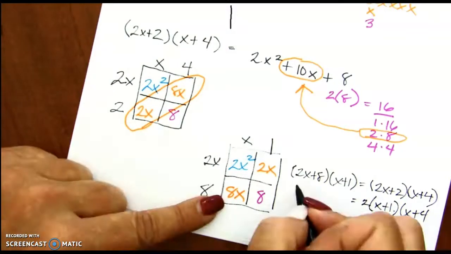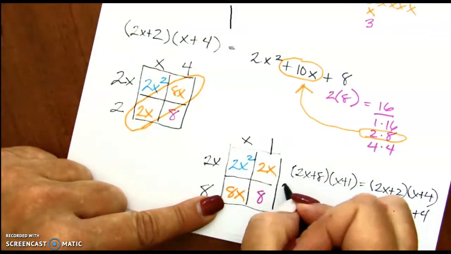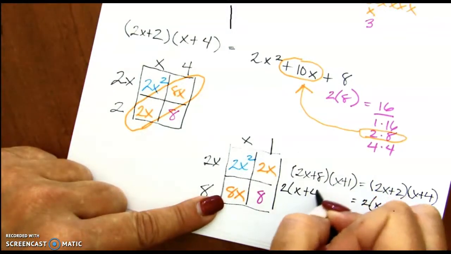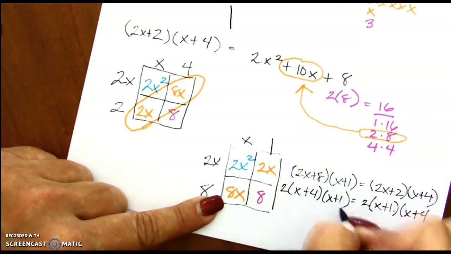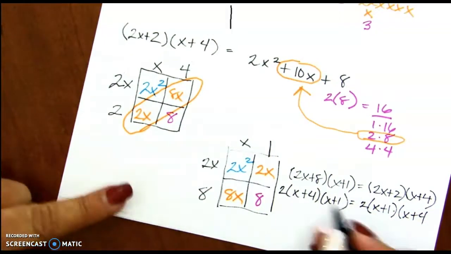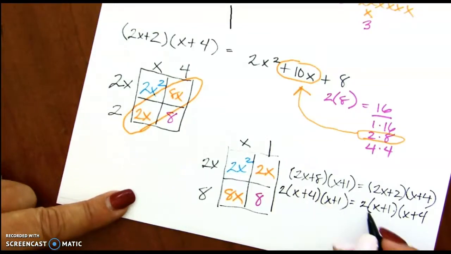And I see that 2x and 8 also have a common factor of 2. So now they're equivalent. And I actually like it in this form better because the whole point of factoring is to find zeros of a quadratic equation. So this way I found my zeros, and the 2 is actually my stretch.